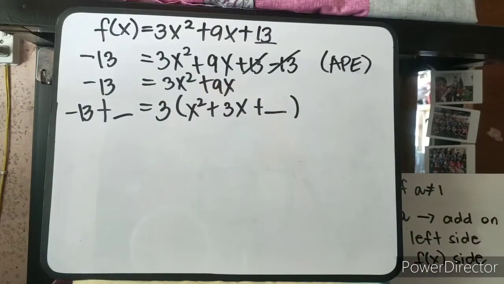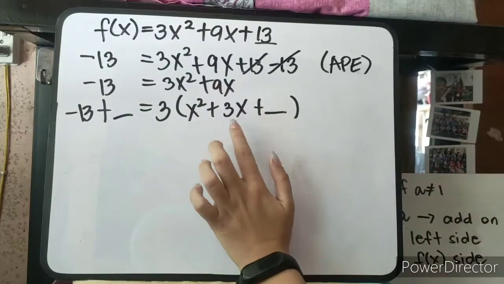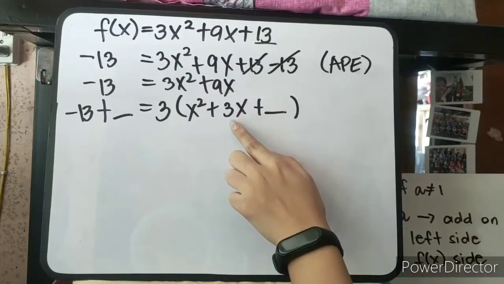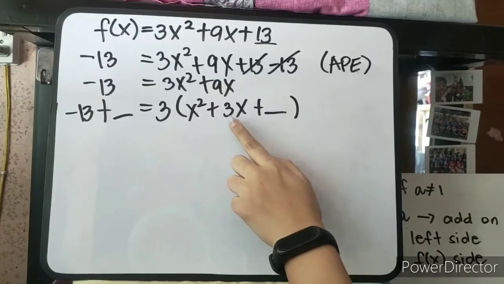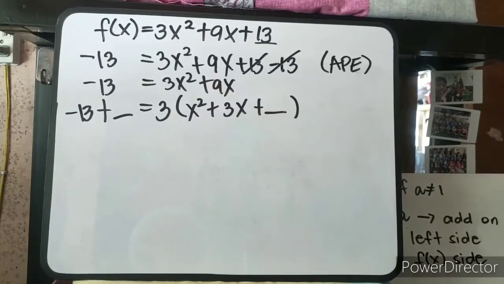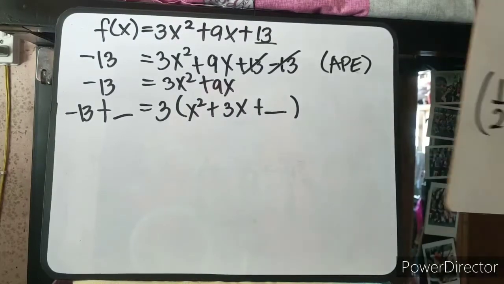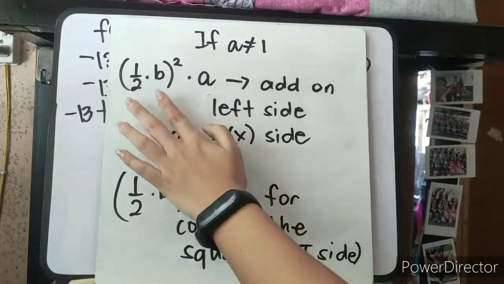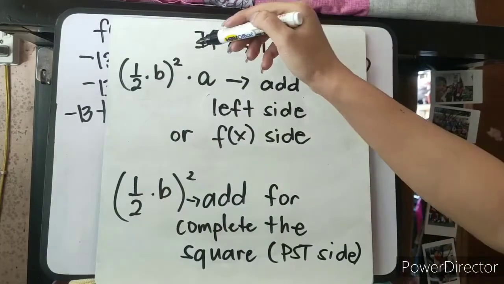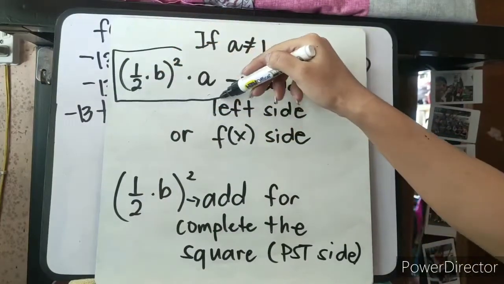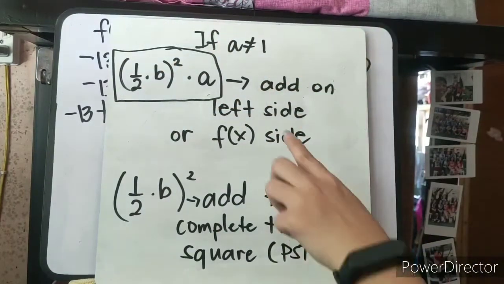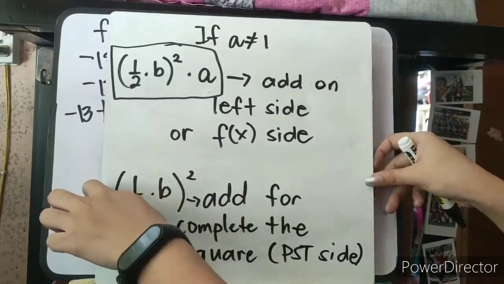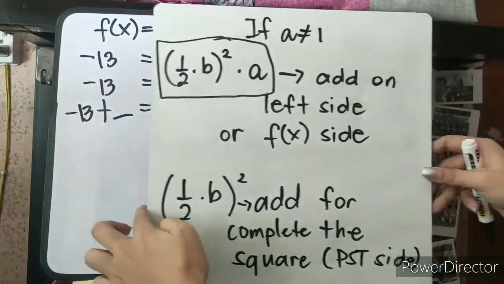If you remember, we will be adding the square of half of our b, which is this time 3. Pero, ito po. Okay? If a is not equal to 1, ganito yung formula na i-add natin sa left side or dun sa f of x side. Okay?